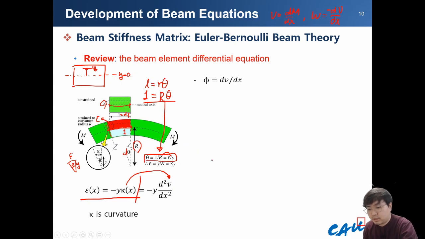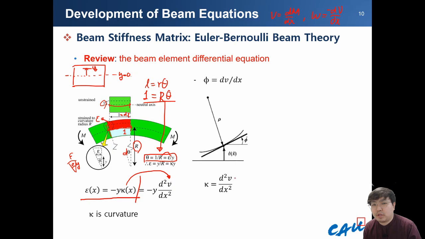So the next part is the explanation of the relationship between the curvature and the displacement in the y direction. Here you can easily think of this as r. I copied this figure from another textbook, so they use different notation and indexes.